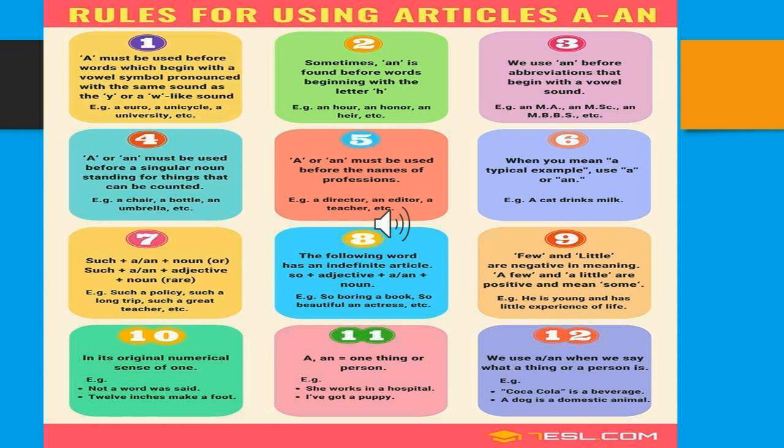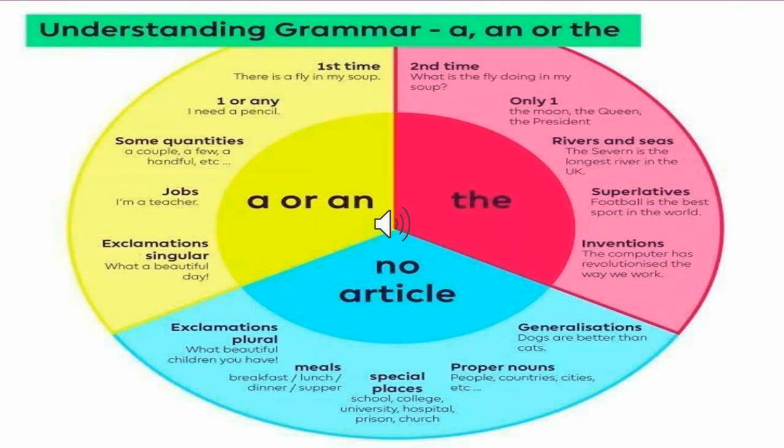Rules for using articles "a" and "an". Dear children, I request you to pause for 5 to 10 minutes and read these. Usage of "a" or "an", "the" we have studied already. Now comes no article. You can see exclamations, plurals, meals, special places, proper nouns, generalizations.